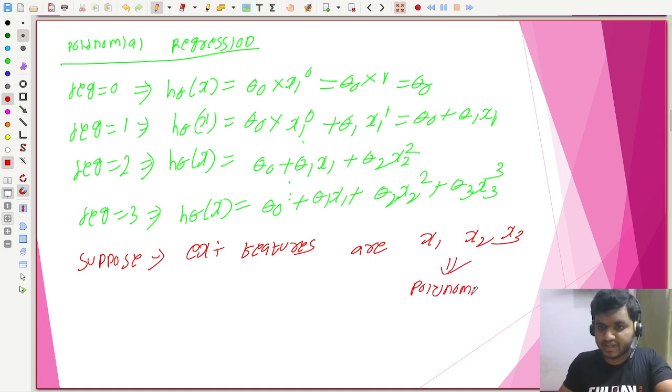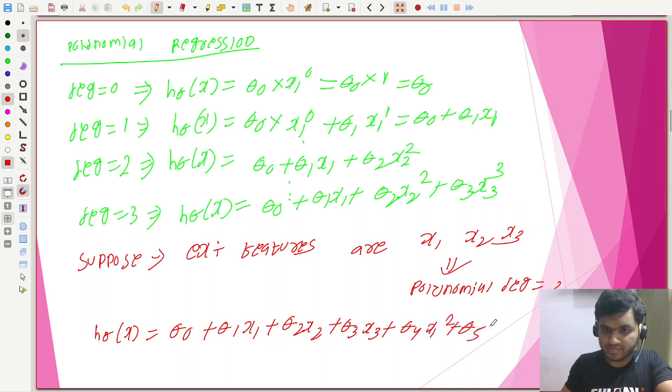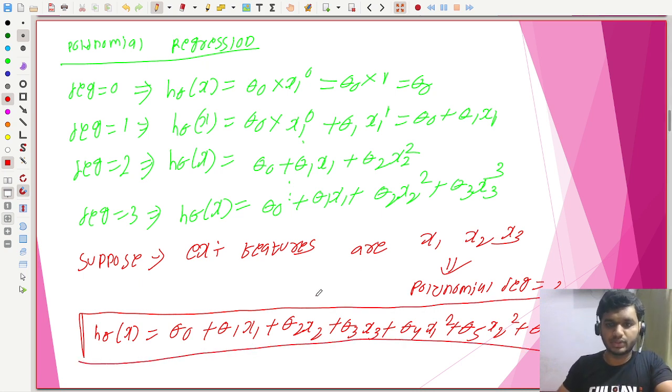So in polynomial degree 2, h theta of x equals theta 0 plus theta 1 x1 plus theta 2 x2 plus theta 3 x3 plus theta 4 x1 square plus theta 5 x2 square plus theta 6 x3 square. So it is the example of polynomial degree 2 for three features, for x1, x2 and x3.